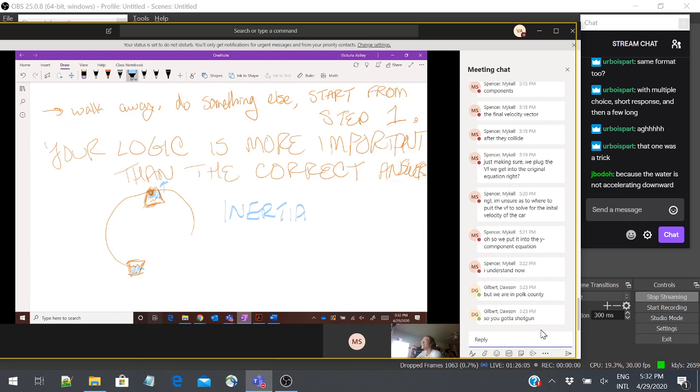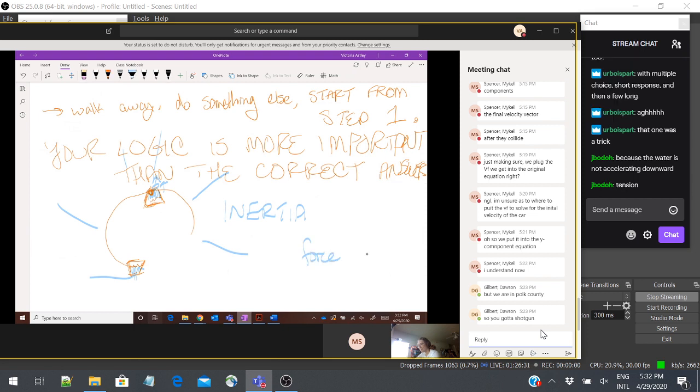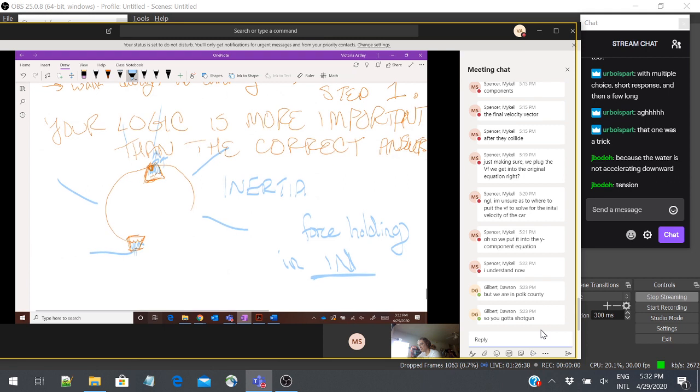But if you put a hole in the bucket, right, what would happen? It would spray water everywhere. Why would it spray water everywhere? Is there some force that is pushing it out? Not really. What's happening is that at the location of the hole, there's no force holding it in. Not pushing out.